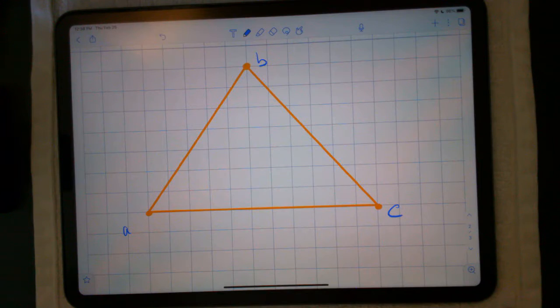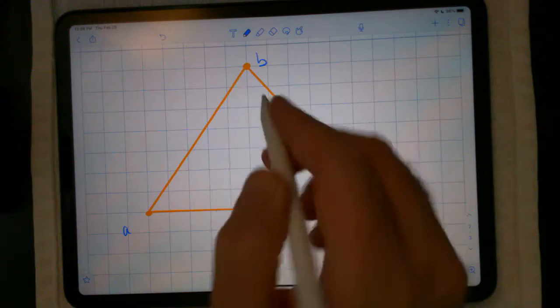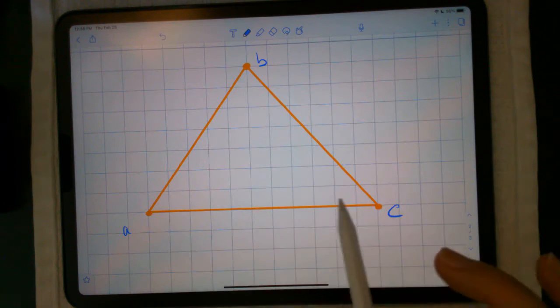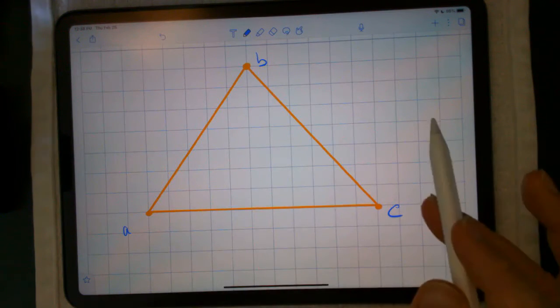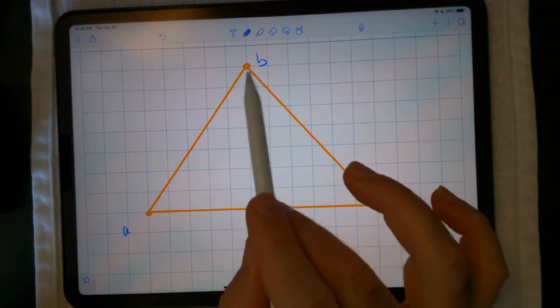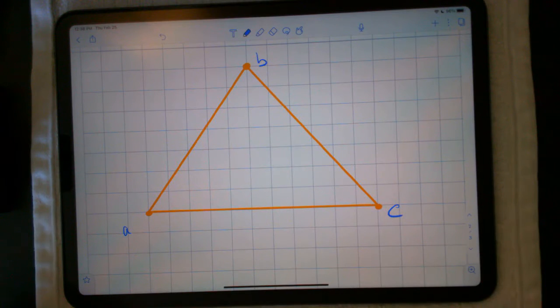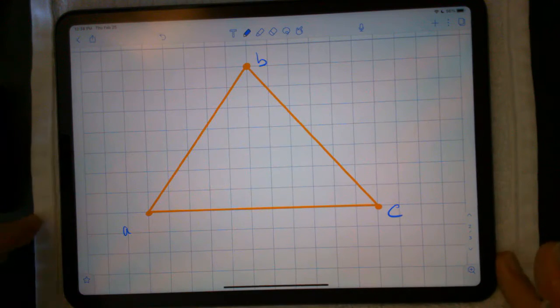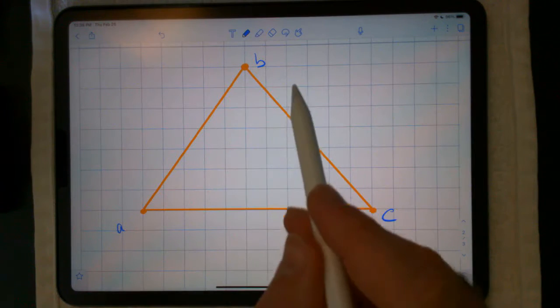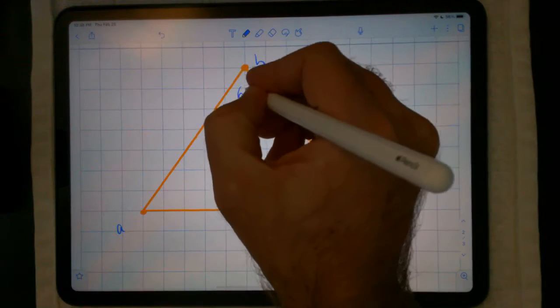Now, any triangle has interior angles summing to 180 degrees. So any triangle, all three angle measures need to add up to 180 degrees. It's another proof for another day. But for it to be an equiangular triangle, each angle has to be the same.